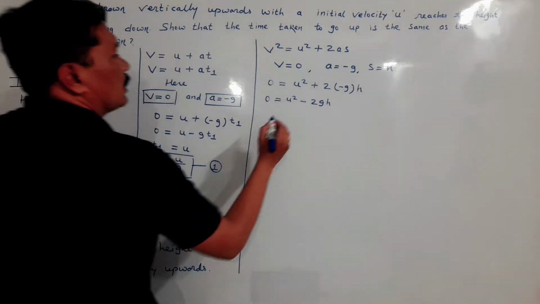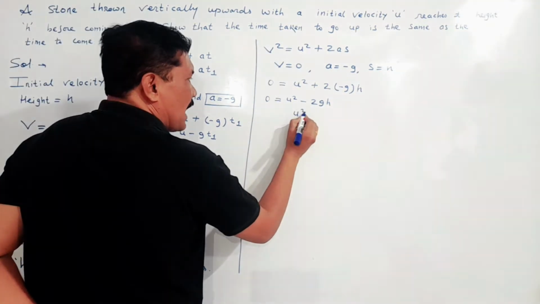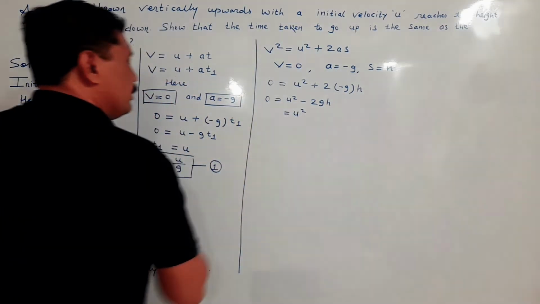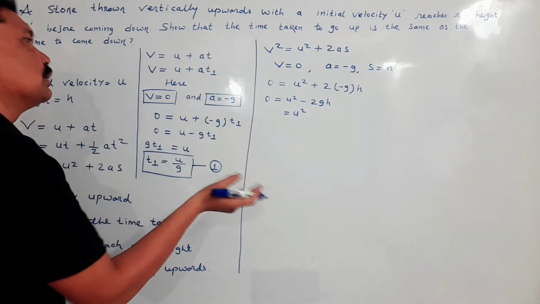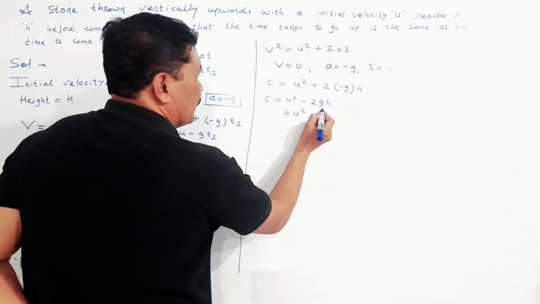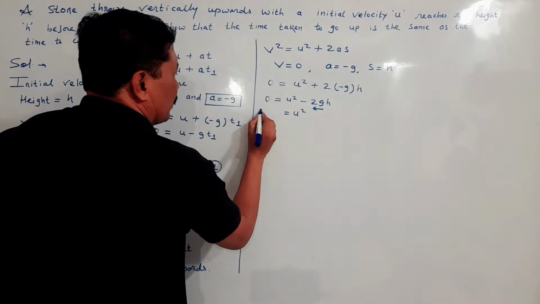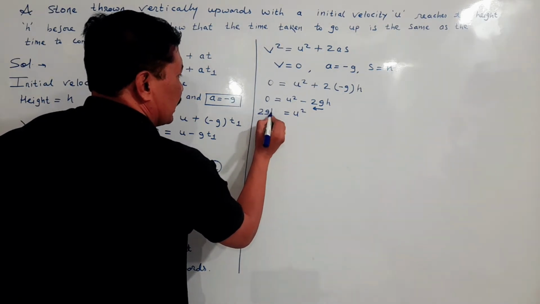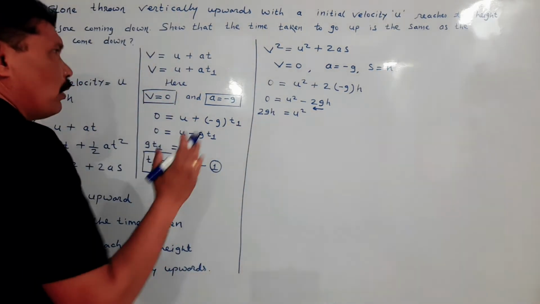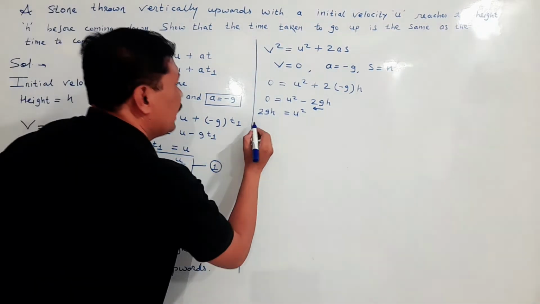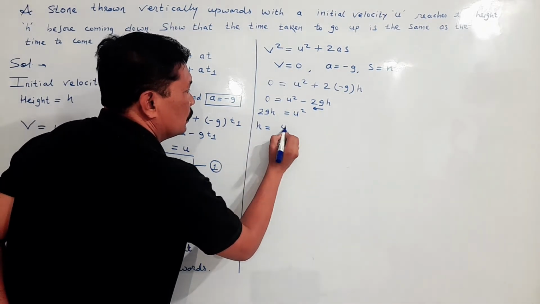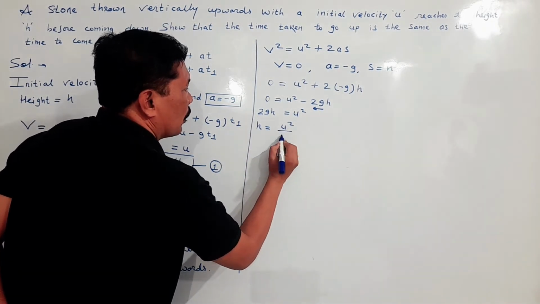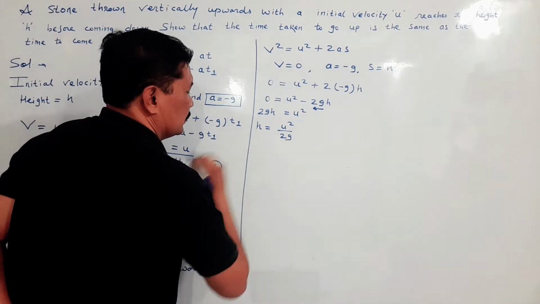Again, my dear student, we will keep U square as it is and the equal to sign as it is, and we will take minus twice GH to the other side of the equation, and this will become plus, and here it will become 2GH. My dear student, I have already told you that we are going to find height. Height is equal to U square upon twice G.